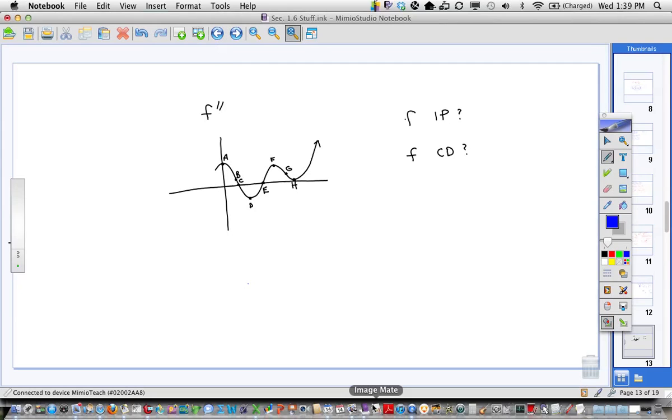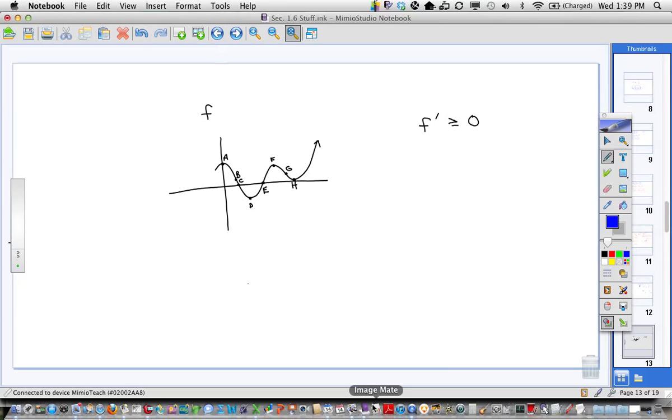All right. So one more change, and then we'll do some work. Now let's say that this graph is F. Where is F prime greater than or equal to 0 on this F graph?